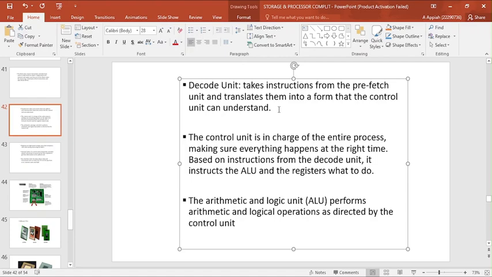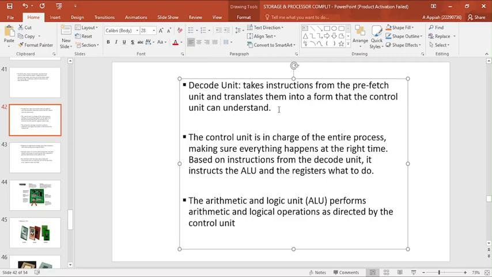The control unit is in charge of the entire process. As the word suggests, it is in control, it is in charge of all the activities that go on. It ensures what instruction is executed at a time. So the point here states that the control unit is in charge of the entire process, making sure everything happens at the right time.